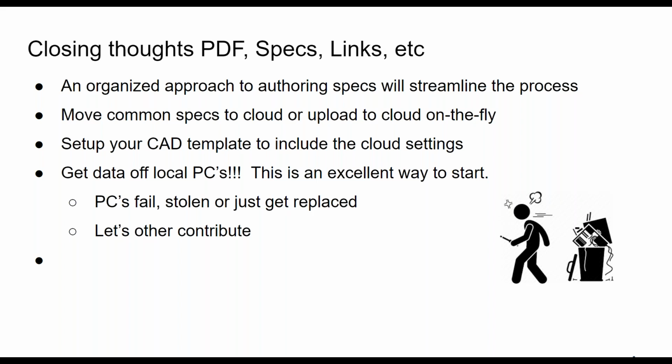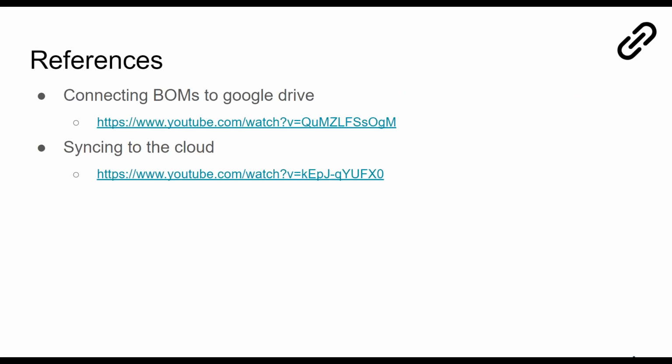I do like to use the CAD template to make sure you include any cloud settings. And then finally, one recommendation is to always get all the information off of your PC and move it up to the cloud. OpenBOM is a good way to do that. Pick that data up and move it up there, or you can move it manually to your cloud storage and link it in.